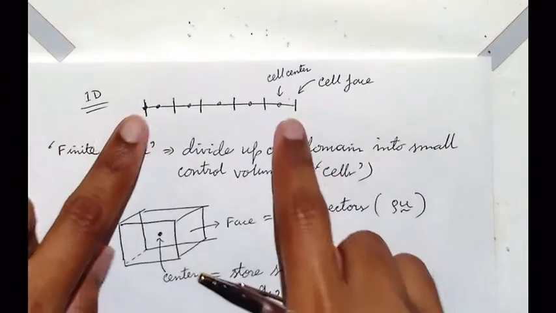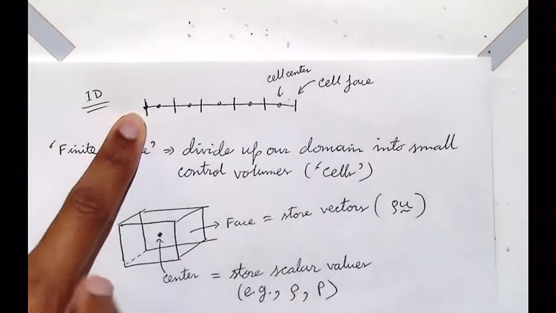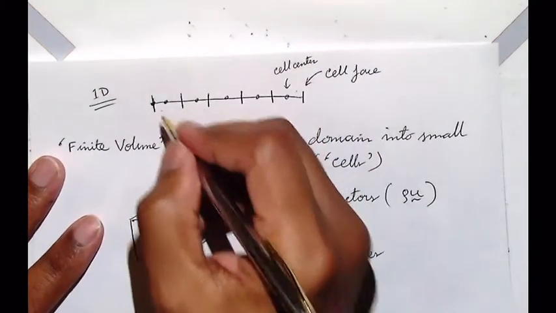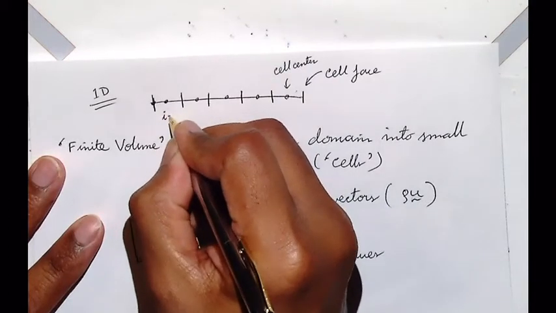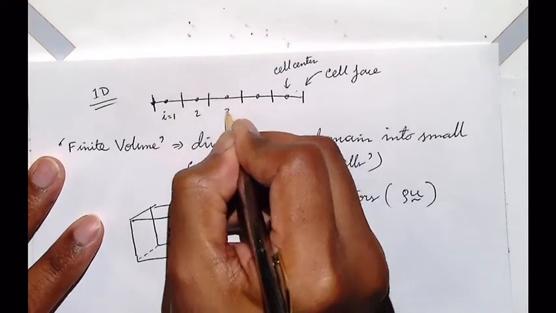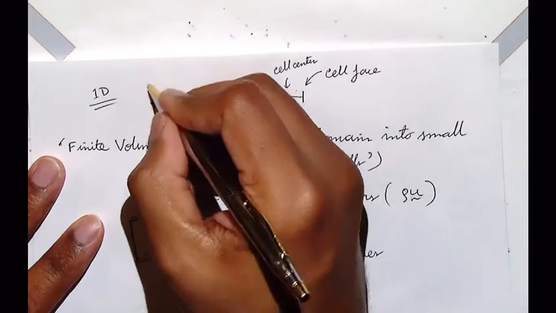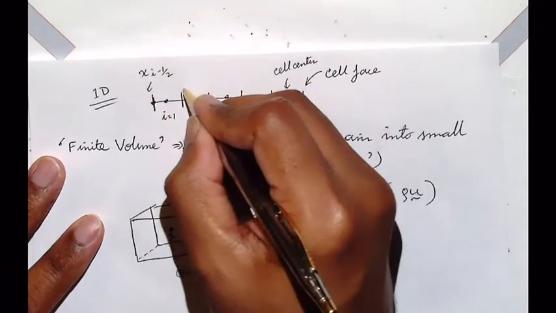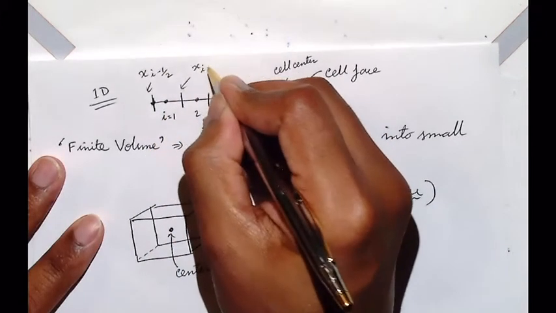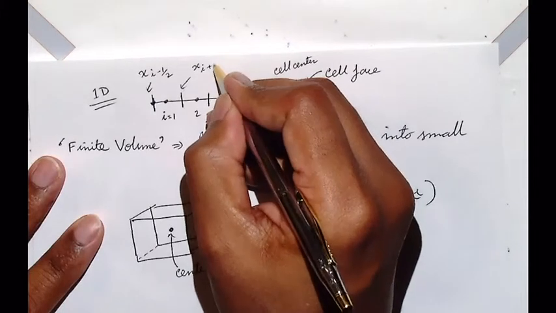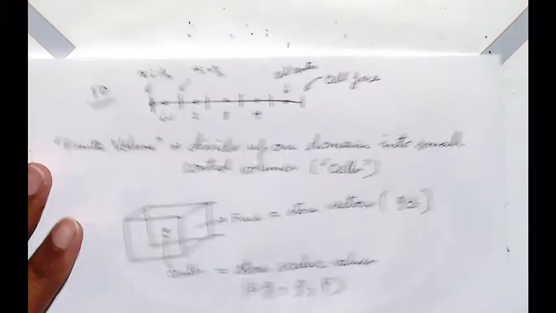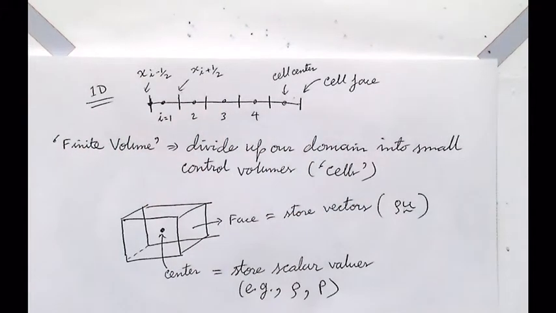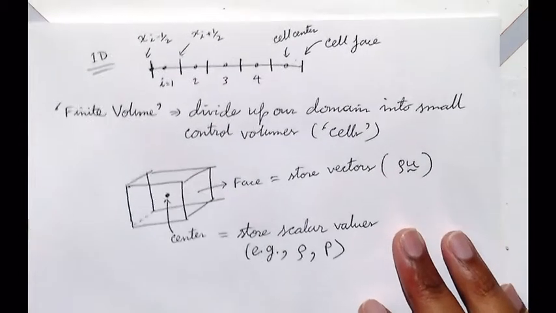Okay, so in 3D, the cells look like this. We will start working with the 1D case, just to keep things simple and make sure things become clear. Okay? And if we start numbering things here, we have i equal 1, 2, 3, 4. And for the cell faces, we can say this is x_{i-1/2}, this is x_{i+1/2}. And then the centers, we can say they are x_i with i equal 1, 2, 3, 4.